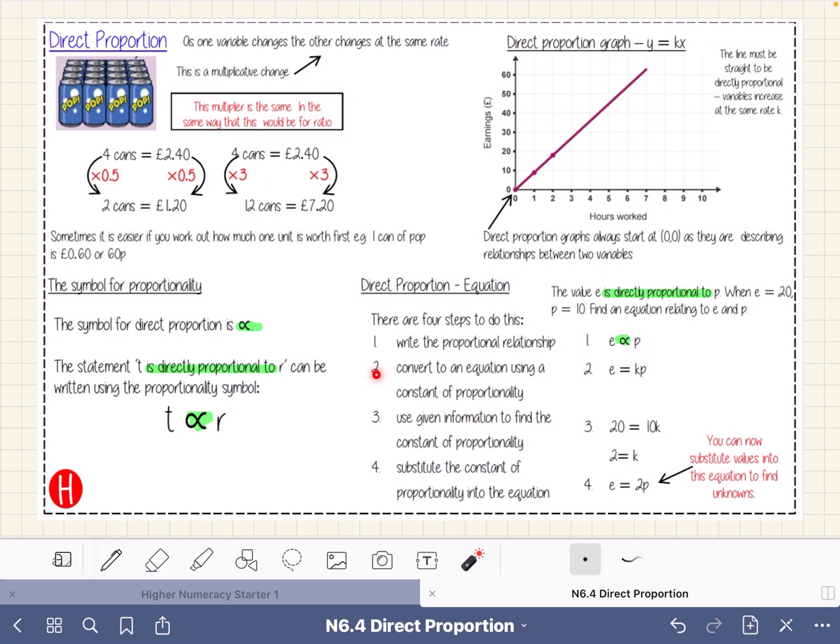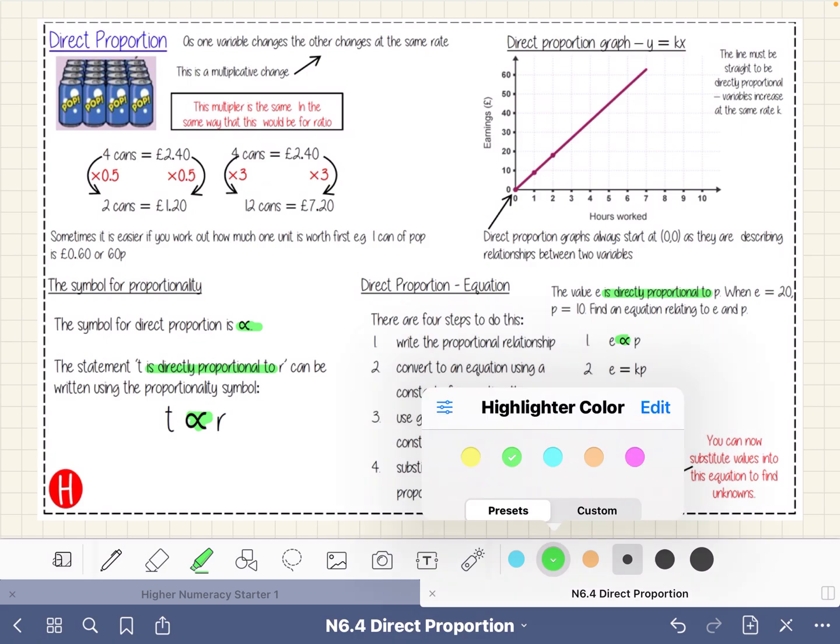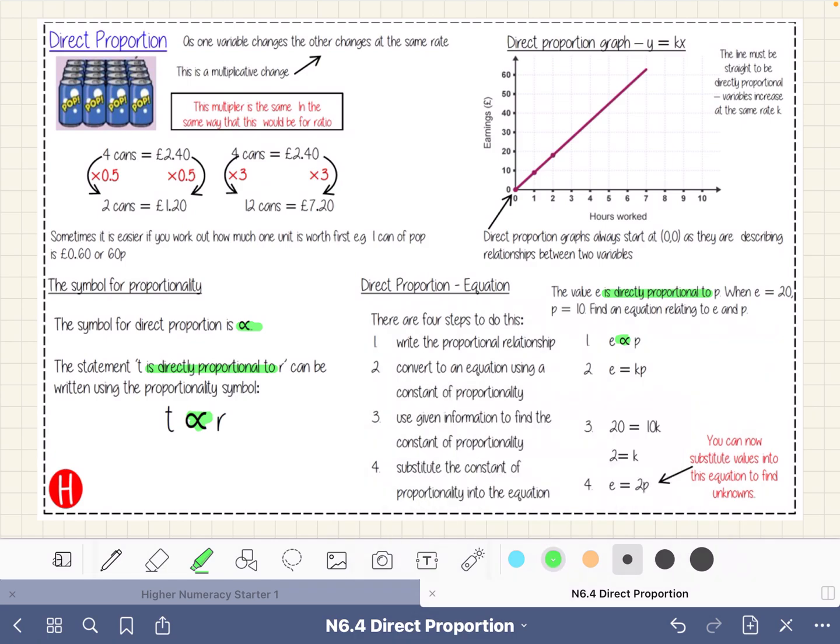Our next step is to convert this to an equation using the constant of proportionality. And all that means is that instead of having the directly proportional symbol, we change it to become equals K, because we are interested in finding what makes it proportional.